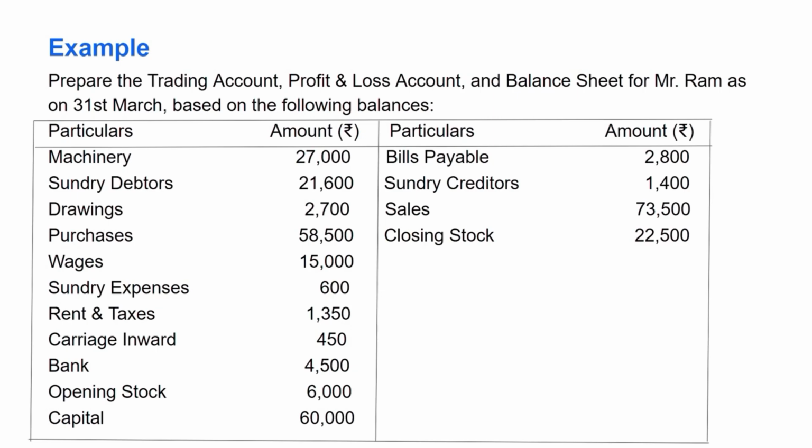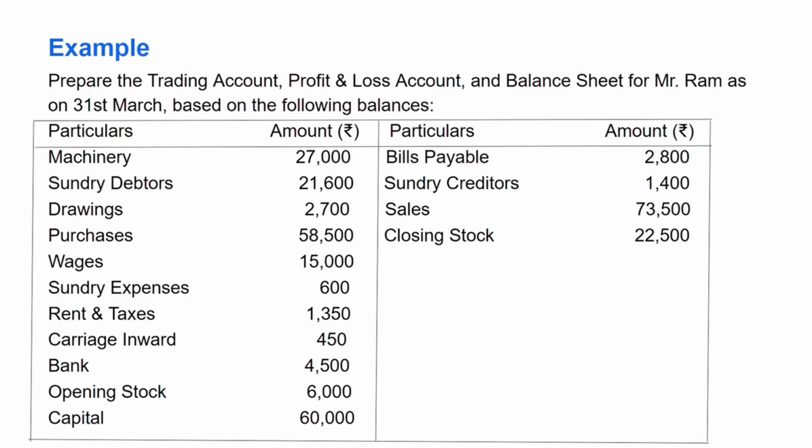Particulars, amount: machinery 27,000, sundry debtors 21,600, drawings 2,700, purchases 58,500, wages 15,000, sundry expenses 600, rent and taxes 1,350, carriage inward 450, bank, that is amount in the bank, 4,500, opening stock 6,000, capital 60,000, bills payable 2,800, sundry creditors 1,400, sales 73,500 and closing stock 22,500. Now let's record one by one.